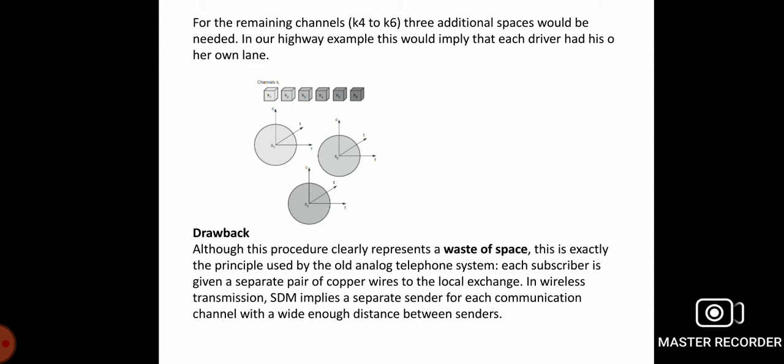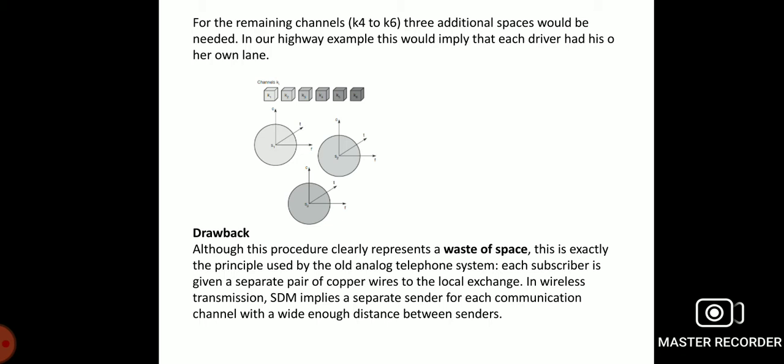In our highway example, this would imply that each driver had his own lane. What are the drawbacks? This procedure clearly represents a waste of space.